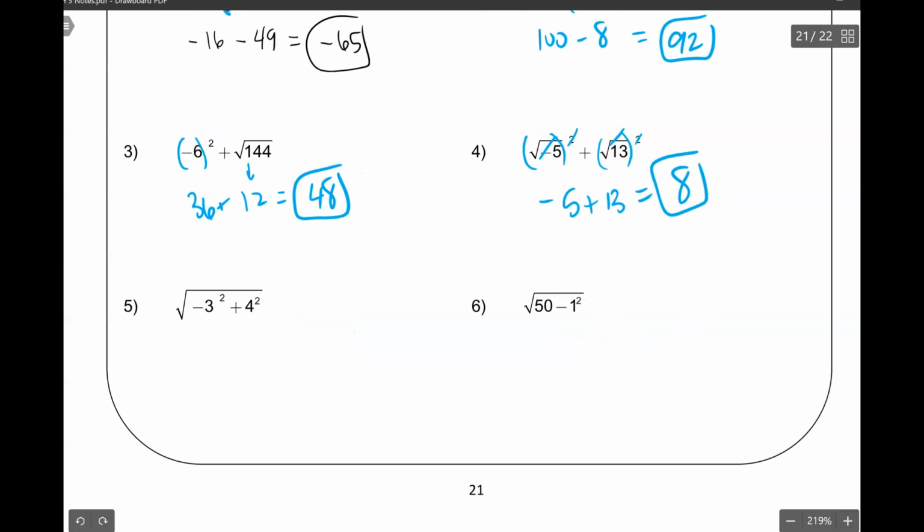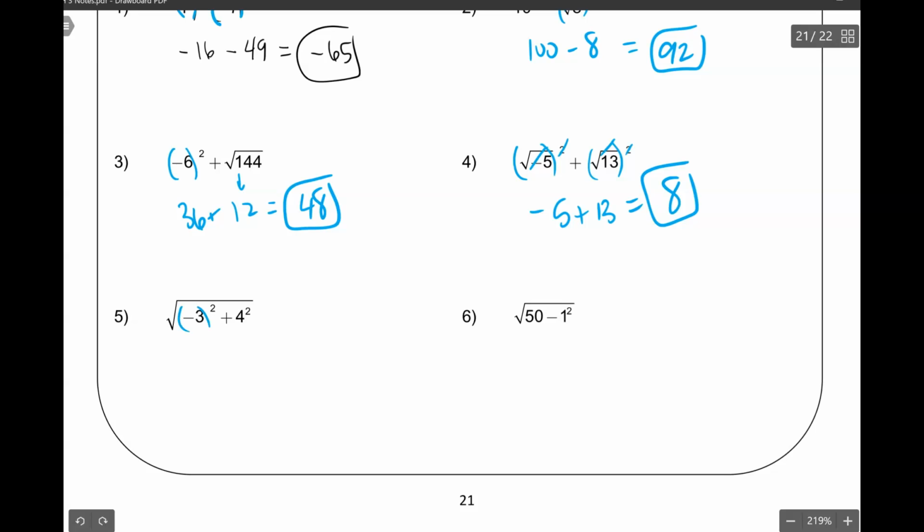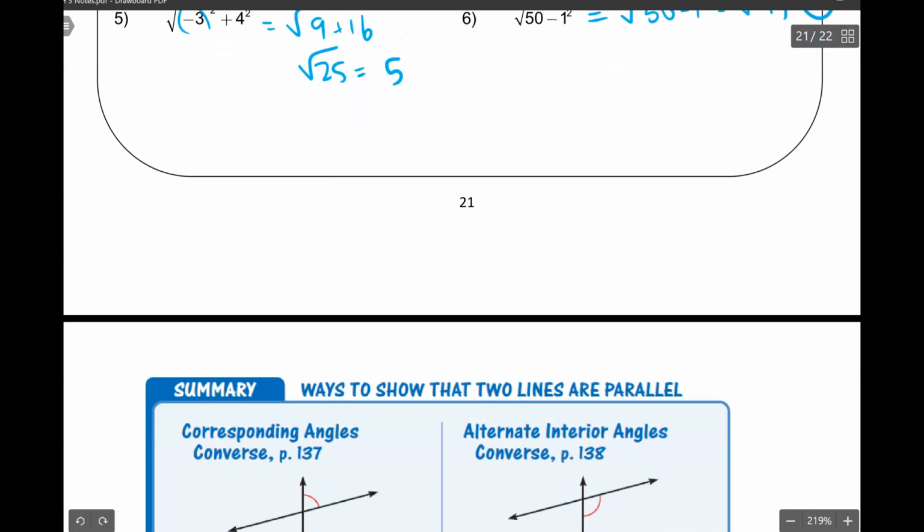All right, this one's a little more tricky. So simplify under the radical first. Negative 3 squared is 9. 4 squared is 16. Add them together, you get 25, and the square root will be 5. Here we have 50, and then 1 squared is just 1, so 50 minus 1 is 49. The square root of 49 is 7.